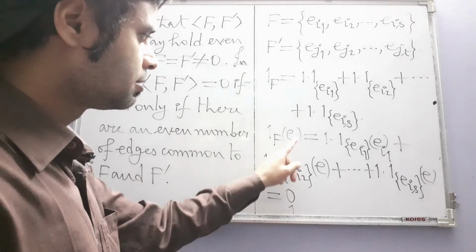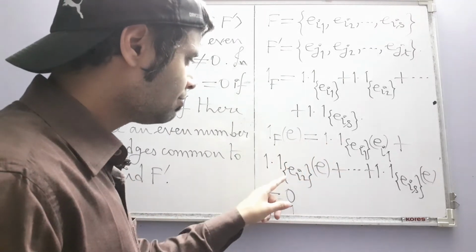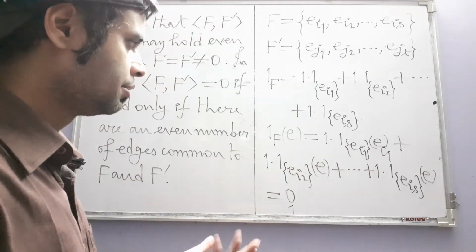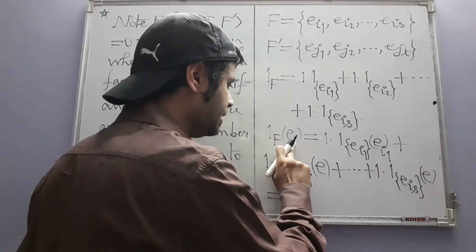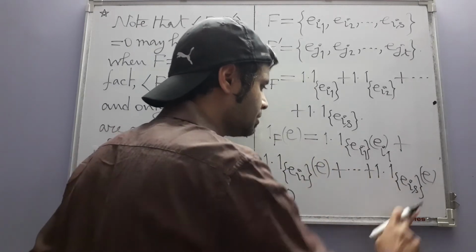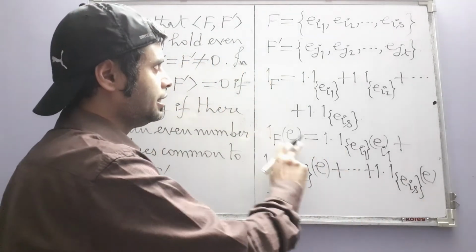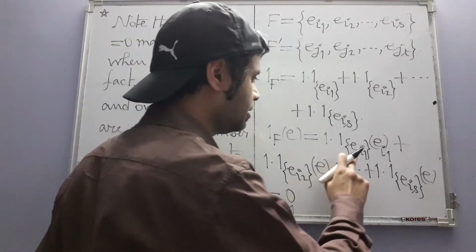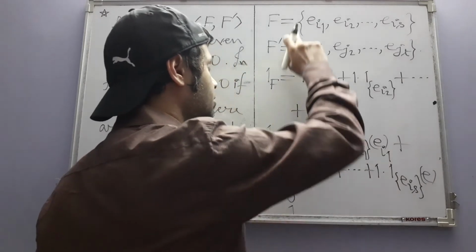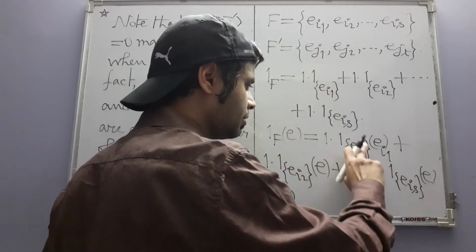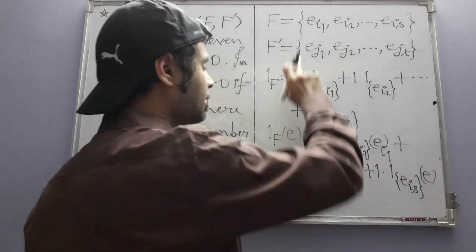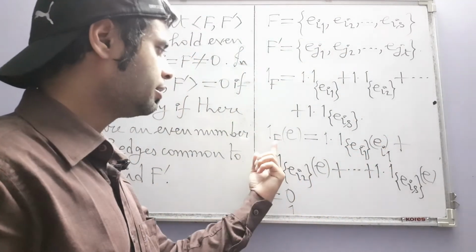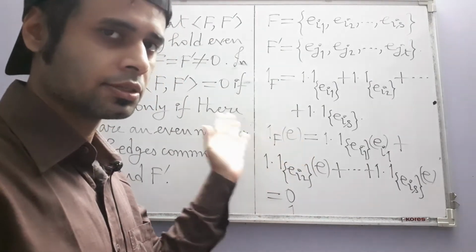So that means 1_F is in fact equal to this function. Why? That is because E not being any of these e_i's is equivalent to E not being in F, and hence E being equal to one of these e_i's is equivalent to E being in F. So the right hand side is actually the indicator function of F, that is, this is equal to 1_F.